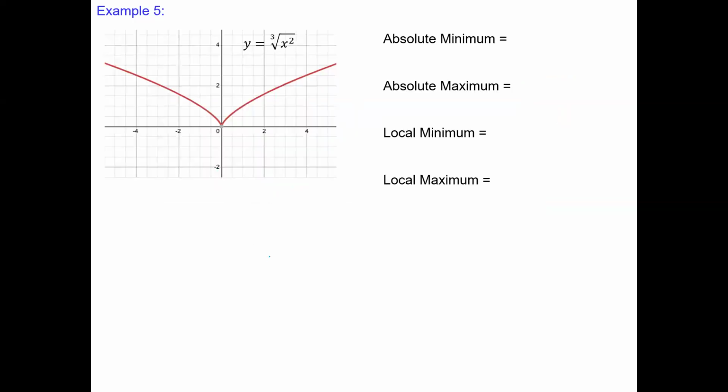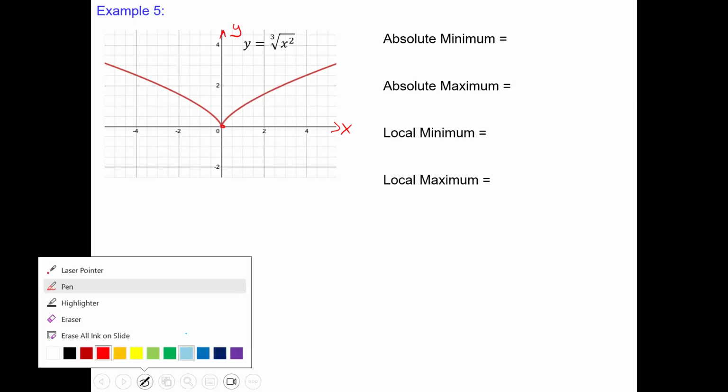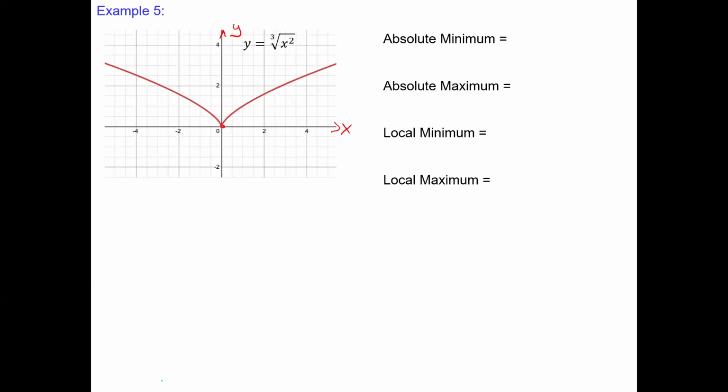Okay, and then one more, cube root of x squared, also one of the functions that we are supposed to know. If you watched section 1.1 graphs, you definitely know what we're talking about. That's the graph. We know that this looks like a locally lowest point and absolutely lowest point.